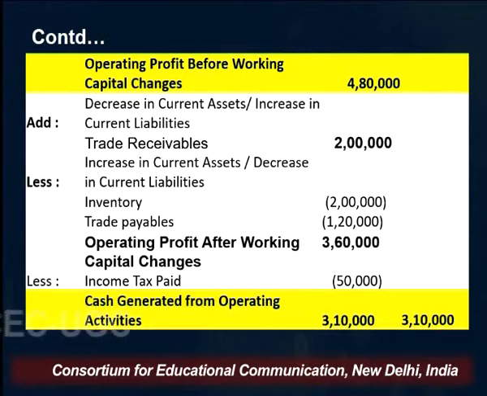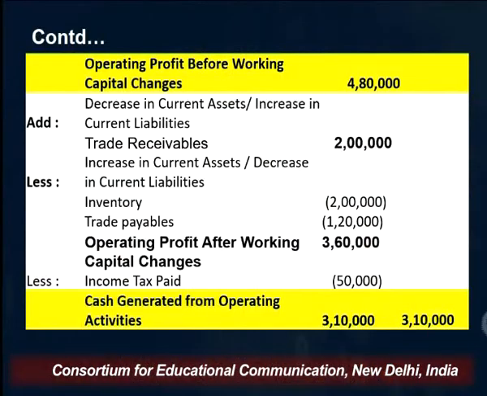So if decrease in current asset is added, then obviously increase in current liability will also be added, and opposite to it, increase in current asset is subtracted and decrease in current liability is also subtracted. This I am not going to discuss again because I have already explained to you how we deal with the movement in the amount of current asset and current liability.